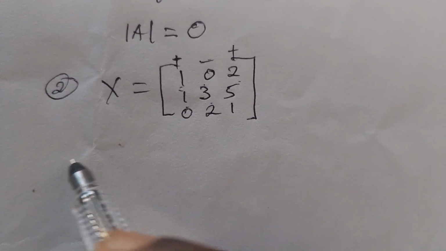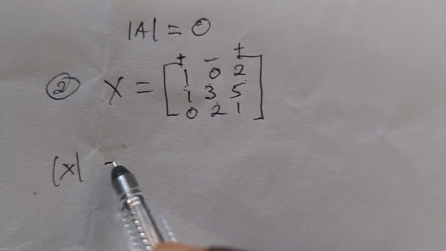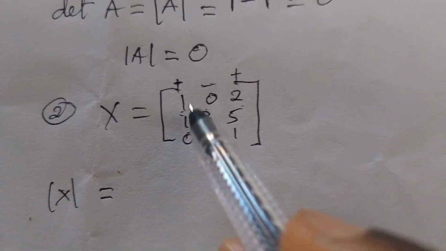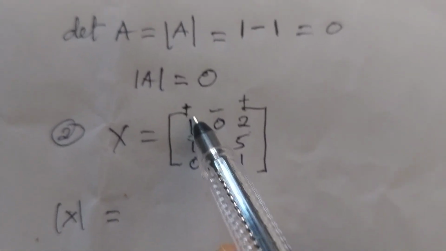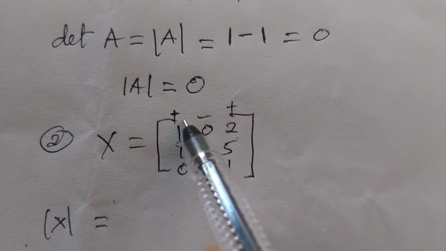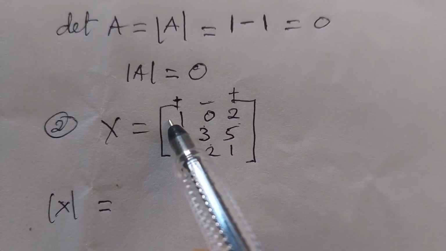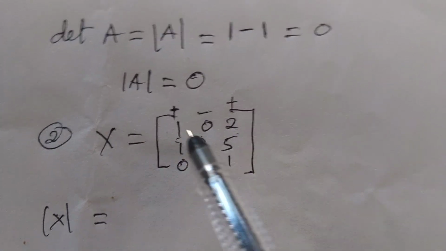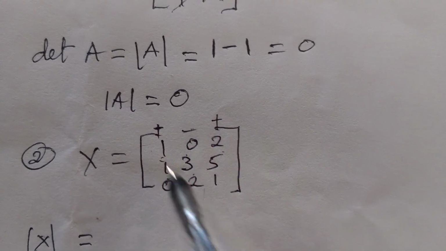It's quite simple, right? So the determinant of X will be equal to, I'm working with the first row first, because this is a row and this is a column.